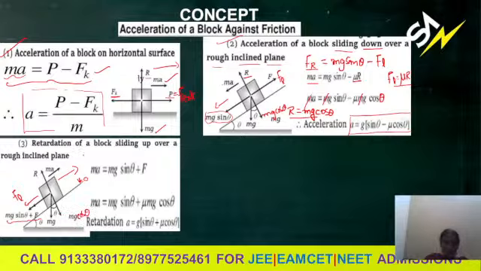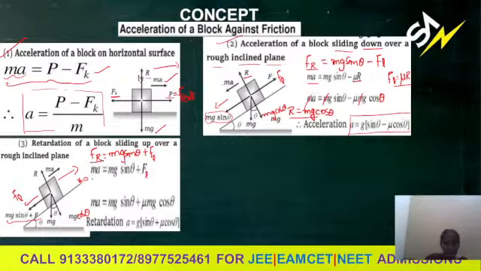So in this situation, the net force along the direction of motion: on this side there is no force, because direction of motion is this way and friction is also acting opposite to it. So we have mg sin theta plus FL.